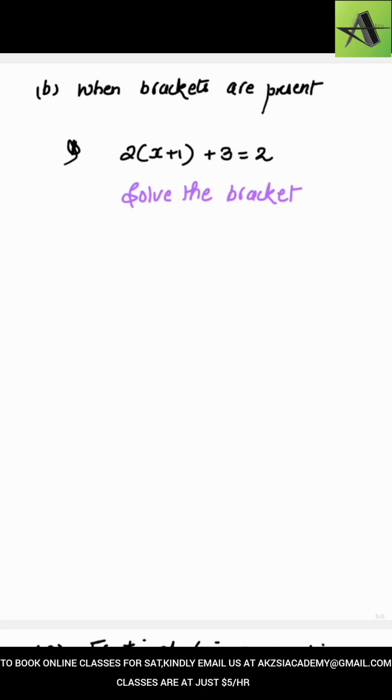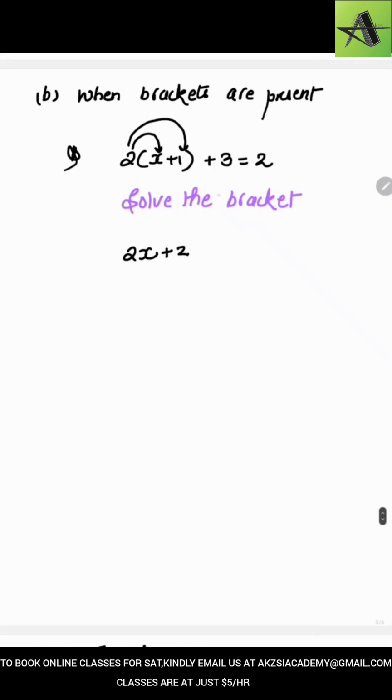That means 2 multiplied by x. So the number outside has to be multiplied with the numbers and the letters inside the bracket. So I'm multiplying 2 times x, which will give me 2x, and 2 times 1 will give me plus 2. And I have solved this one. Write the other numbers.